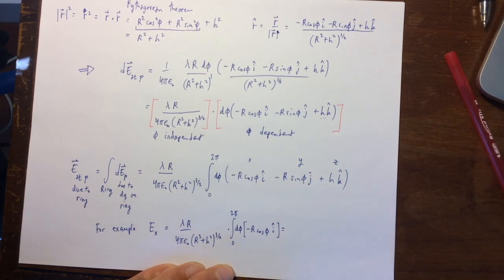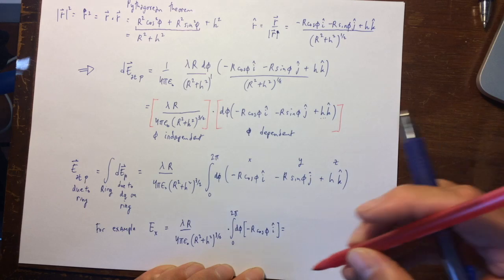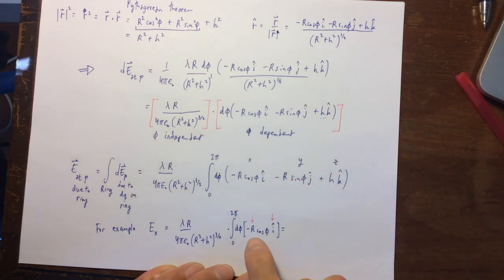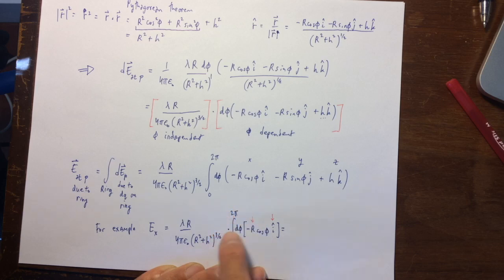And if you do a little bit of work, you'll notice that this and this are constants of the integration. Capital R is independent of phi, so capital R, it's easy to see, can come out front and the minus sign can come out front as well. But it turns out that the i hat can also come out front because i hat is independent of angle. i hat strictly only ever points in the positive x direction no matter where you ask, no matter what angle you ask at.